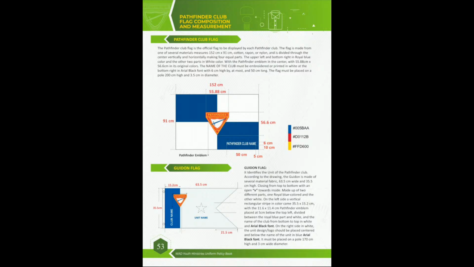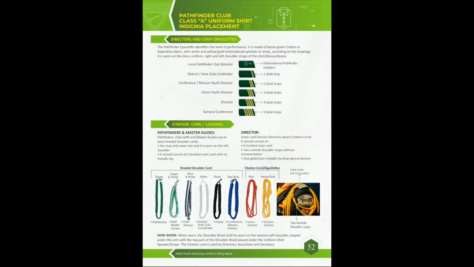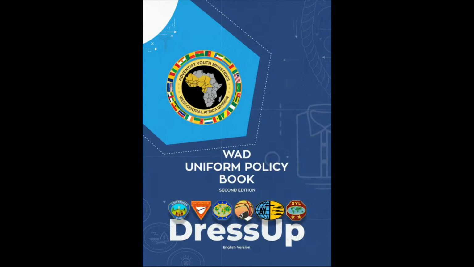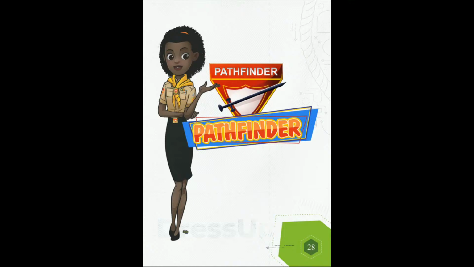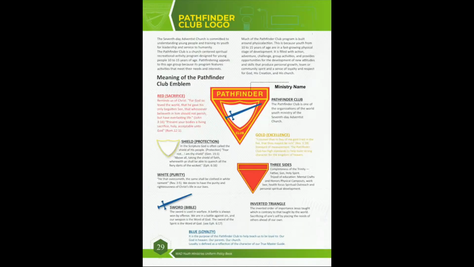About Pathfinders. So for Pathfinder, this is our club logo for Pathfinder. As you see, this Pathfinder club has Pathfinder ministry, and it has colors which we can look at. It has red.